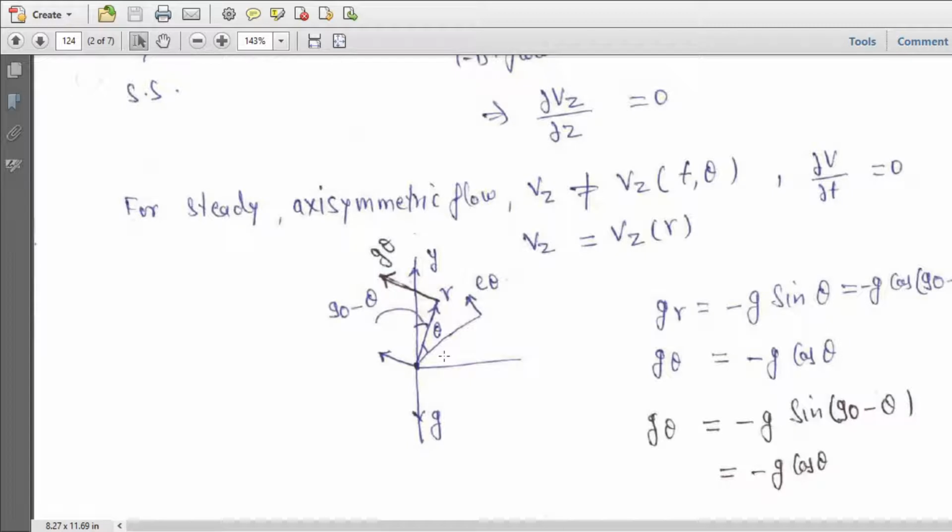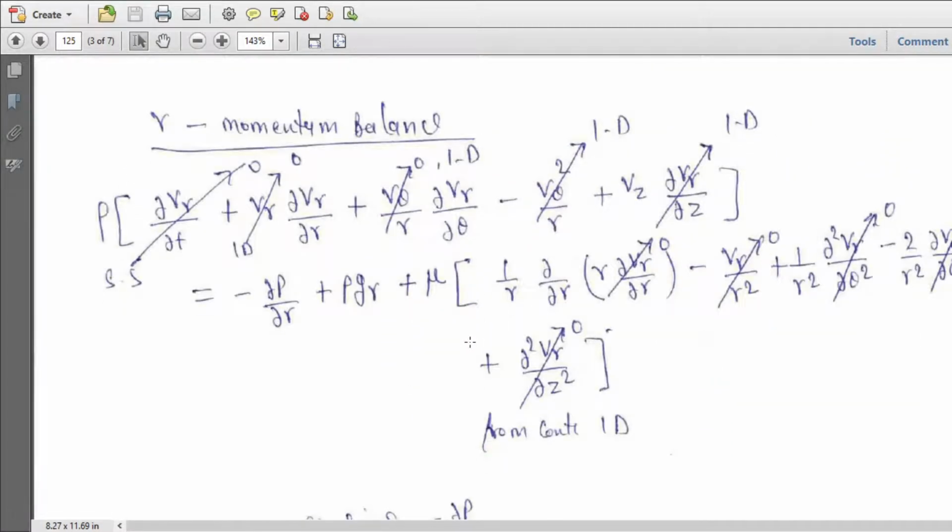So this is how you can calculate: gr is minus g sin theta in the radial direction, and g theta is minus g cos theta, so g theta is given by this one only. So this is how your value of g would be calculated.